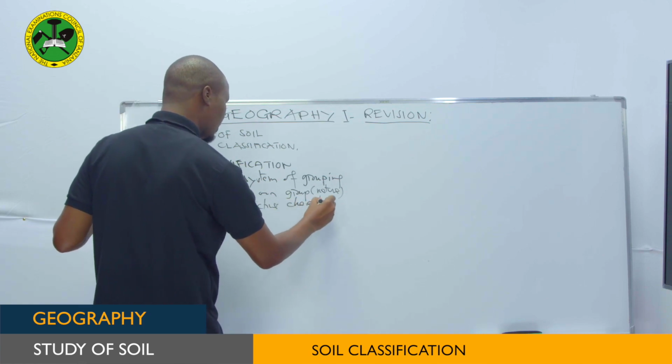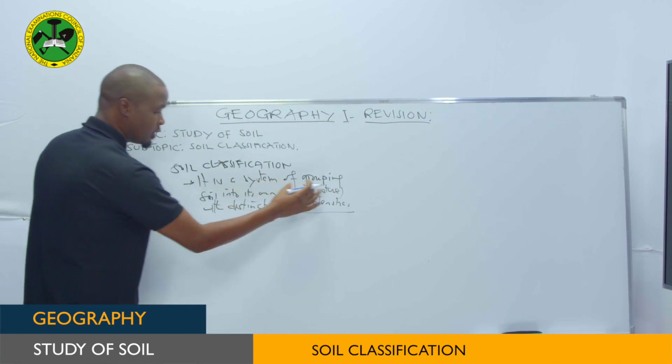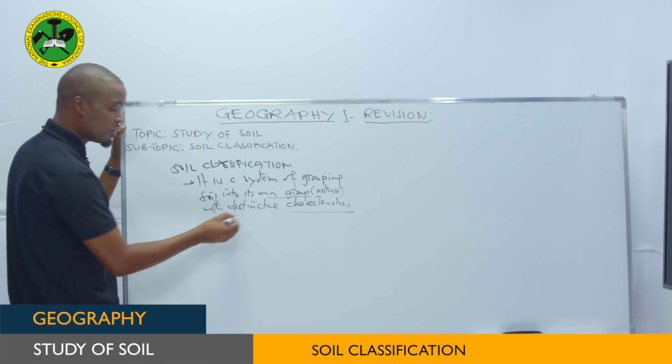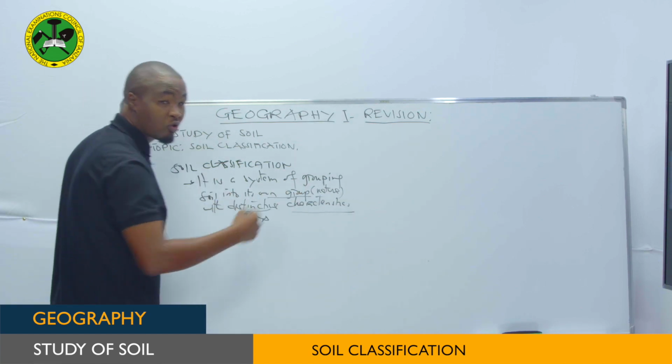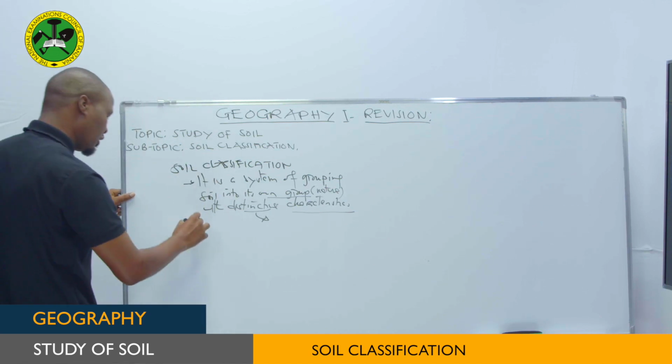Are we together? It means right now we are trying to put the soil into its own group with distinctive characteristics, characteristics that are different from other groups. You see? Or sometimes we can call it soil classification.